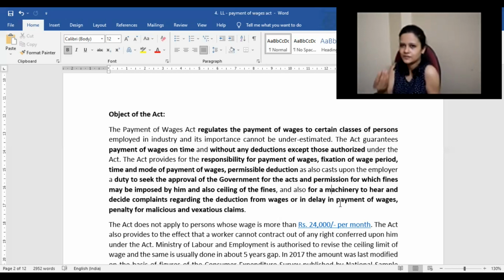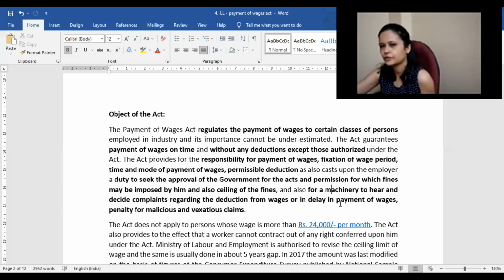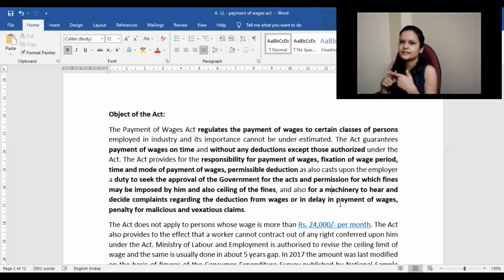Whether they themselves negotiated their wage or it was done through some agency or trade union does not matter. If it applies to the industry as such, it will apply to the employees earning less than that fixed amount. So who is negotiating would not matter. We just take into consideration the salary of the person plus the industry where the person is working.